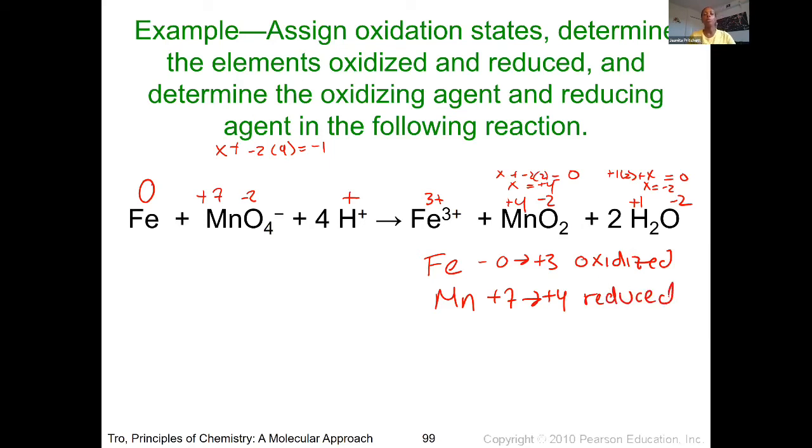Okay, so now that we've identified who's been oxidized, who's been reduced, we can now figure out which reactant would represent our oxidizing agent and the reducing agent. All right, and so if we look at MnO4 minus or permanganate, well, permanganate allowed iron to be oxidized. All right, and so we're going to label this as the oxidizing agent.